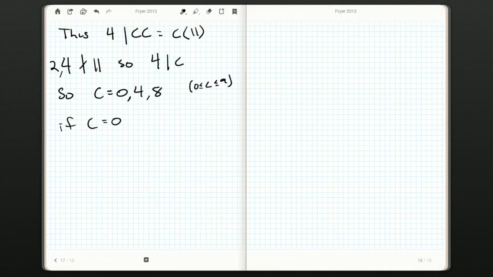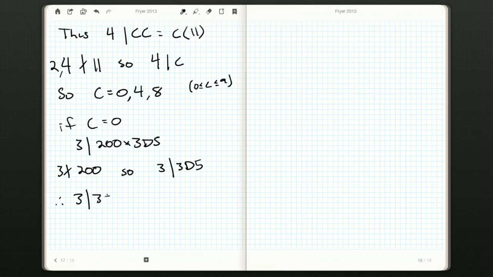If c is 0, well, the multiple of 4 is already accounted for. We need 3 to divide 200 times 3d5. But 3 is not a factor of 200. So 3 divides 3d5. And what do we know? Well, we know that the sum of the digits of 3d5 will then have to be a multiple of 3. So we get 8 plus d.